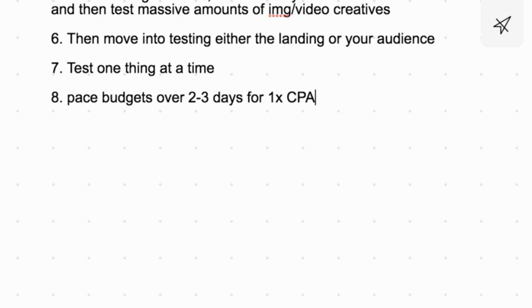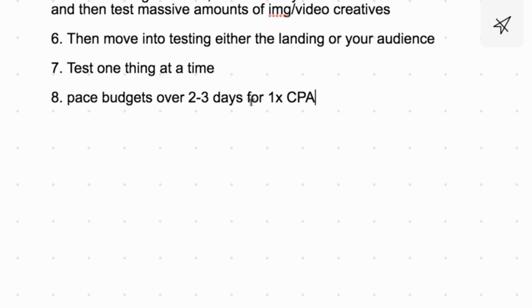The CPA is basically what you're getting paid, right? So let's say, for example, that your payout was $10 on the offer. Well, you could spend, for example, $5 per day over a 2-day period and see if a conversion came in on that creative or on that audience.